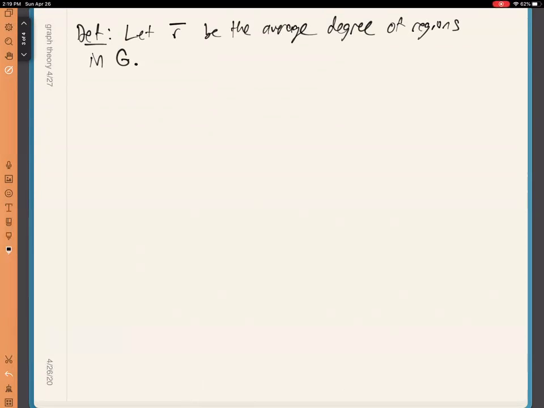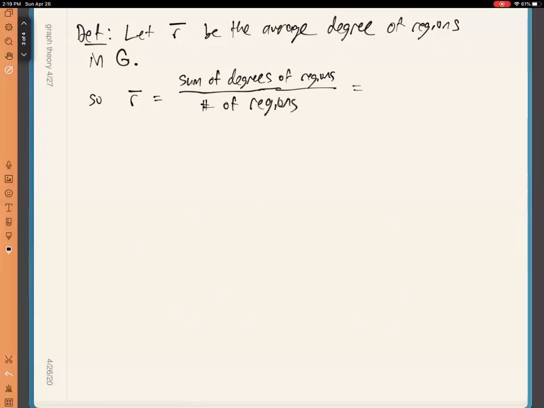Right, and so what does it mean that it's the average? This means that R bar is equal to, well, it's an average, so I want to write it as a fraction. It's equal to the sum of the degrees, so I add up all the degrees of all the regions, and I'm going to divide that by the total number of regions. More precisely, in the denominator, I'm just going to put R because that's the total number of regions.